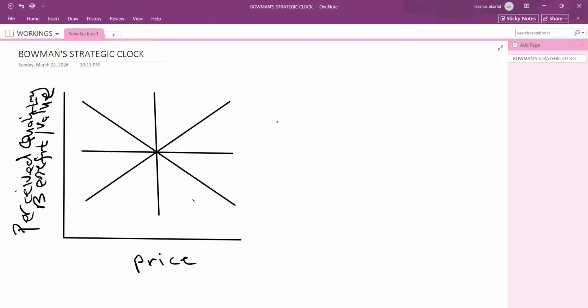So our one starts from here. This is one, which is called no frills.